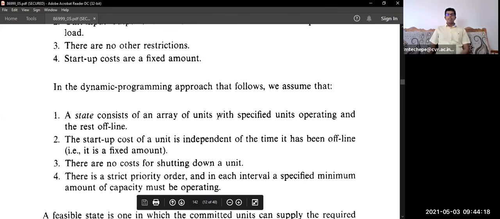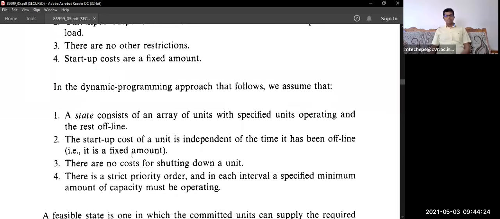The startup cost of a unit is independent of the time it has been offline. It is not dependent on time. The time we are neglecting here. So it is a fixed amount.